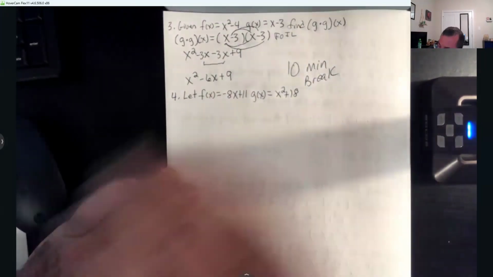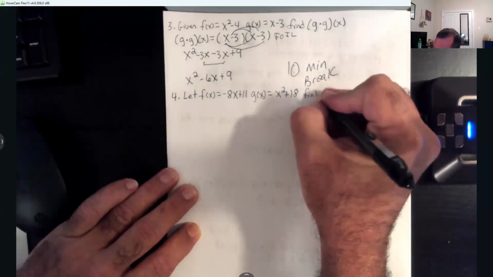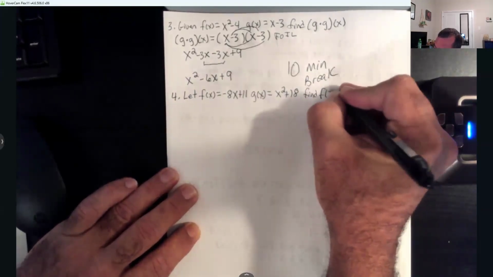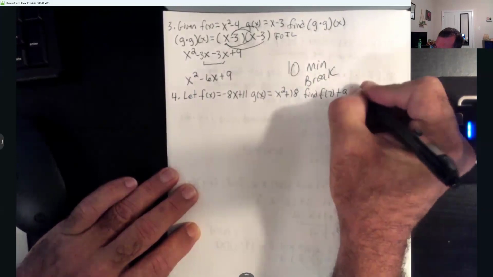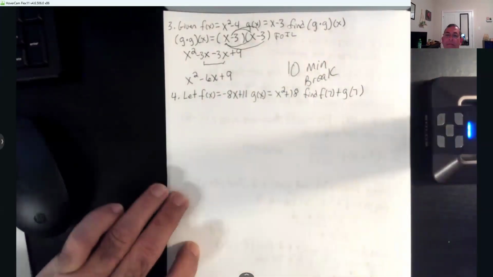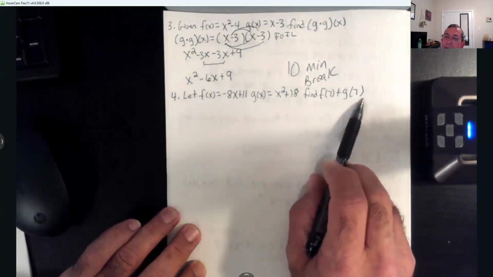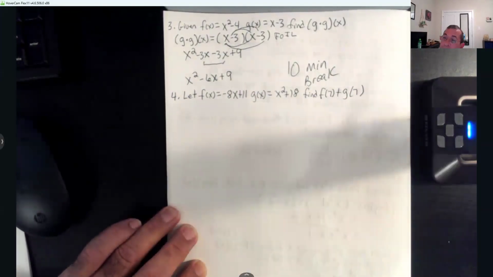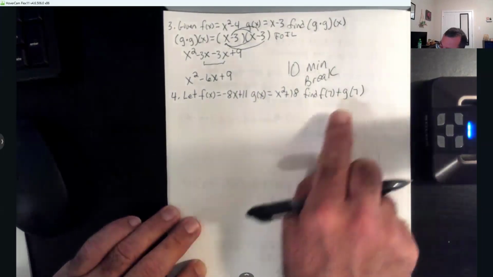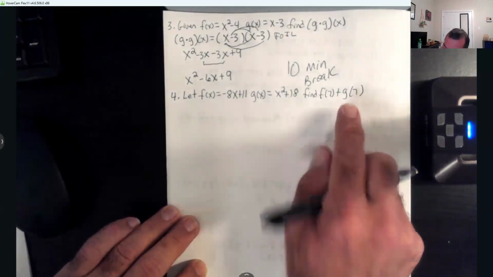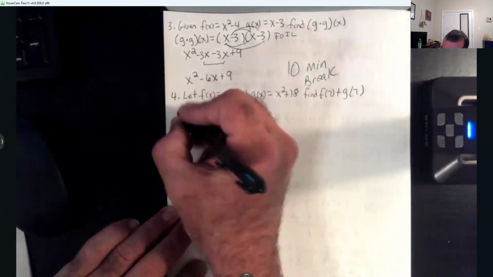But y'all look here. They want us to find f of 7 plus g of 7. Now, they could have wrote f plus g of 7 since we're putting the same number into each function. So they could have wrote it like that. But they did it like this.